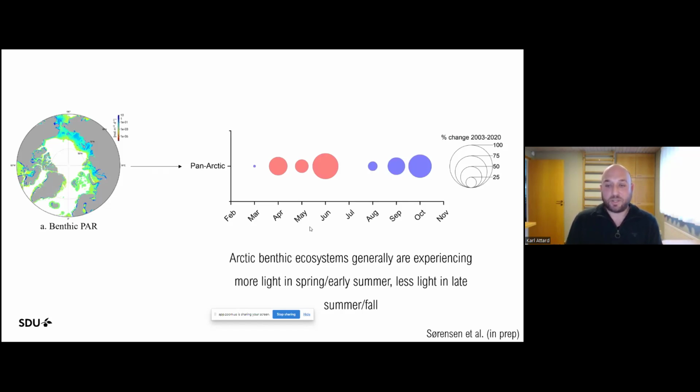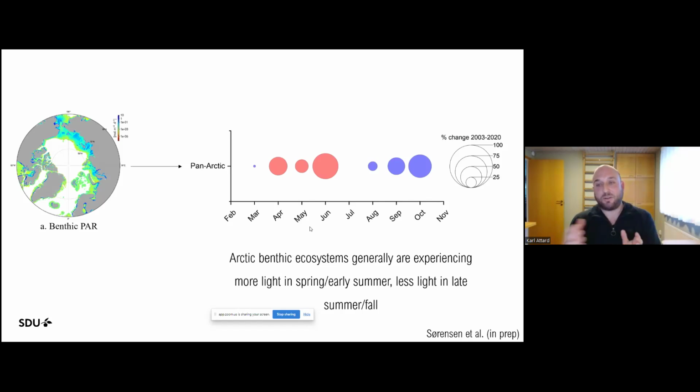And what you can see here is that the trends in the number of growth days on a pan-Arctic scale have increased quite dramatically in the spring and in the early summer. So there are more days where the threshold of light is above what's needed for growth of, in this case, the microalgae growing on the seafloor.